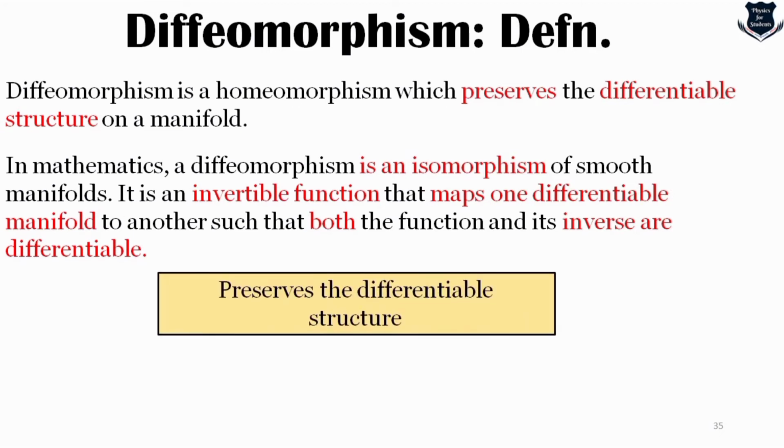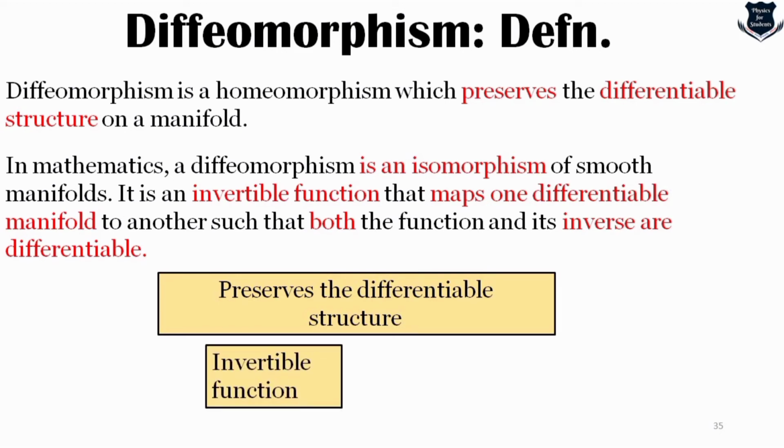are differentiable. A few things become extremely important out of this definition. We have already understood that a diffeomorphism is definitely a homeomorphism, right? And it is also a kind of isomorphism. First of all, it preserves the differentiable structure. I don't want to extend right now, but this point of preservation becomes very important in the general theory of relativity, because when we take arbitrary spaces and try to calculate the structures and curvatures of space-time, preserving the differential structure becomes very important.